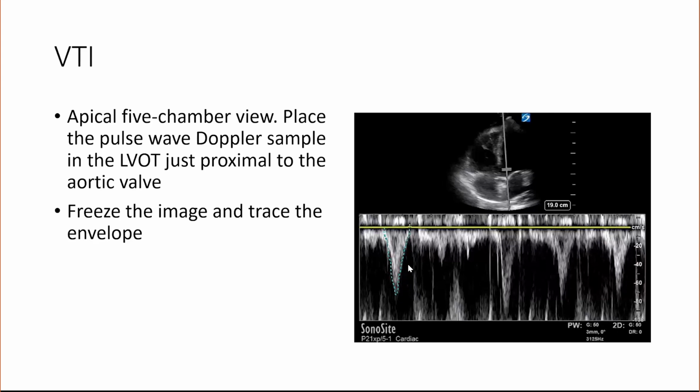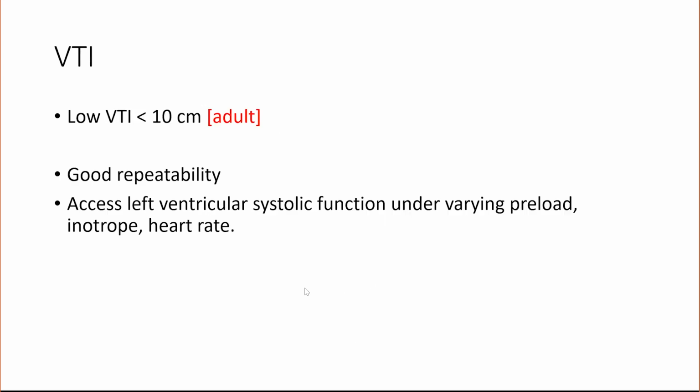Now this one you have to actually, at least in Sonosite, draw by hand, but you just trace the border of the VTI. Now this is going away from you, so that's why it's below the line, and that's the VTI.